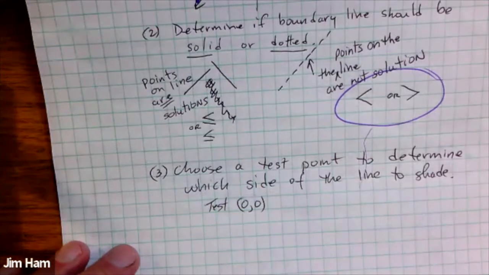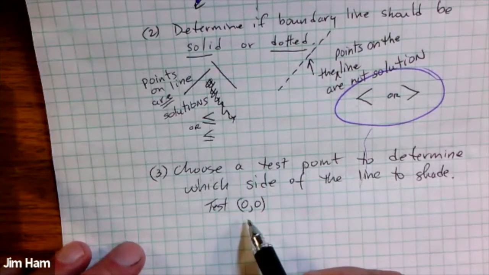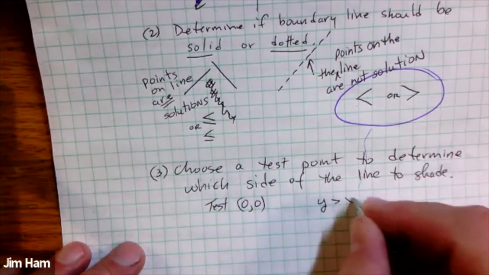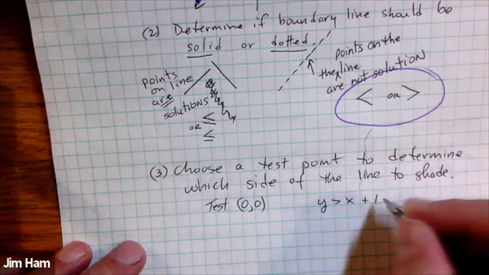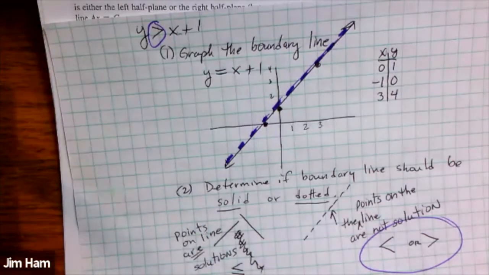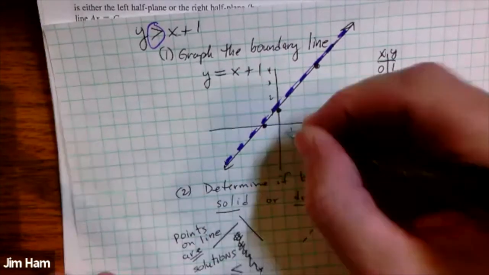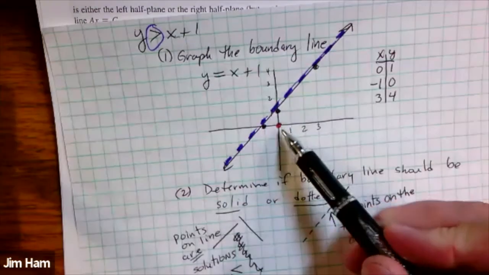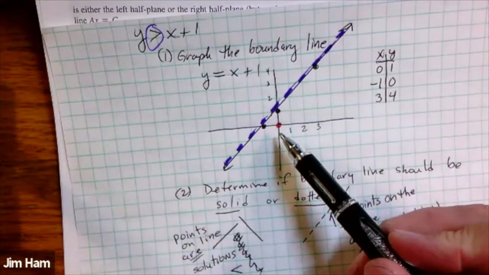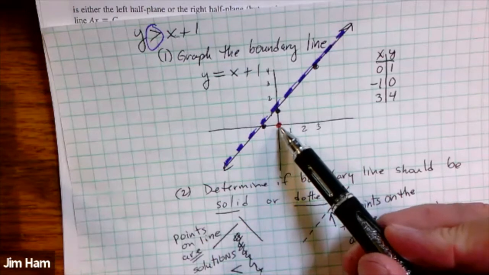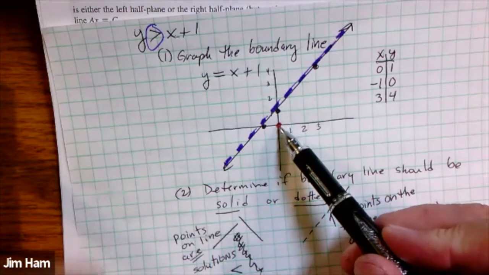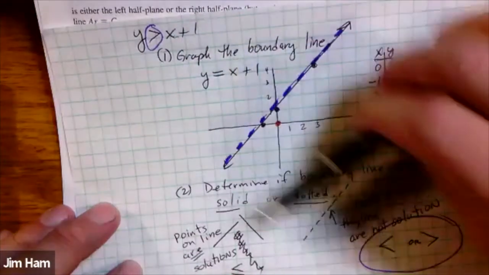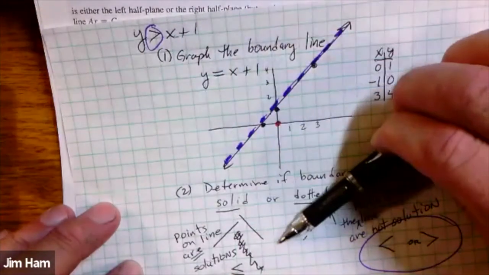So let's test the point 0, 0. Let's write down our original inequality and see if 0, 0 works. 0, 0 on my graph is right here. And here's how we're going to reason. If 0, 0 is a solution to our inequality, then not only is this point a solution, then everything on this same side is a solution, and we would shade down underneath the line.